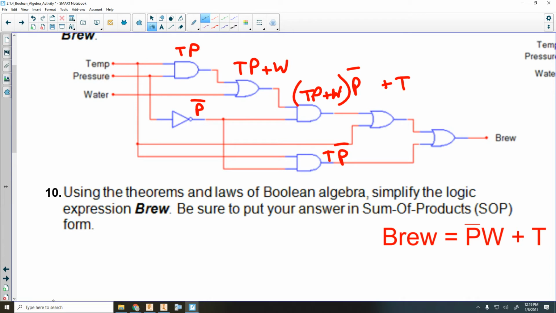But from this crazy circuit, what would I have? Let's just come down here. I'd have TP or W and P naught, or T, or TP naught.